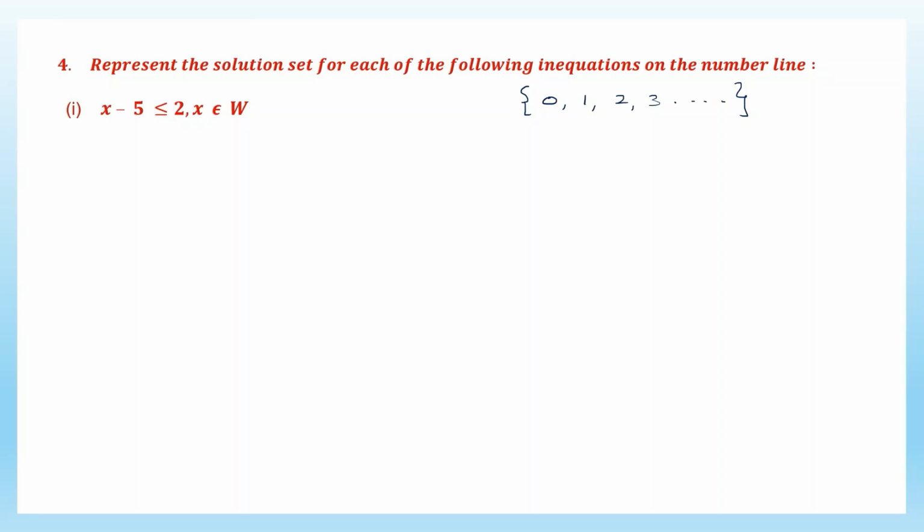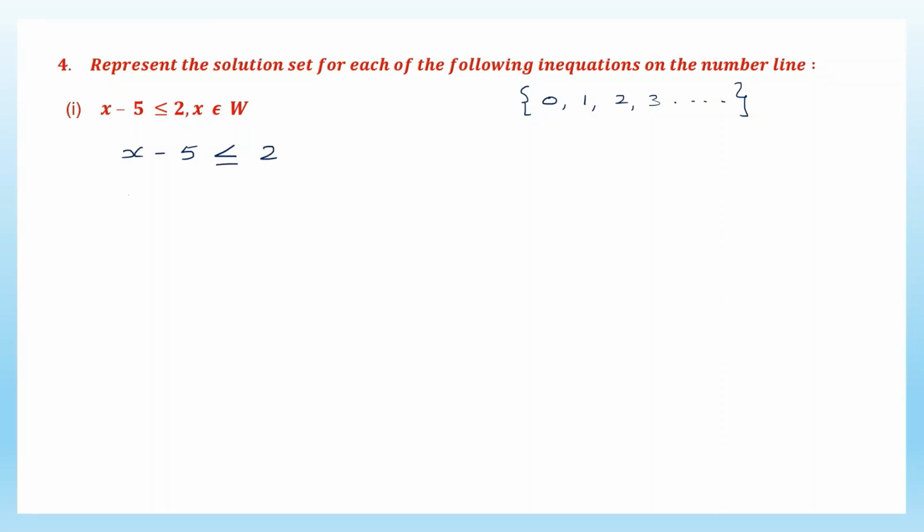So let's read the question once again now. x minus 5 is less than or equal to 2 and x belongs to whole numbers, a set of whole numbers. So let's solve this portion first. x minus 5 is less than or equal to 2. So let's write that down. x minus 5 is less than or equal to 2.